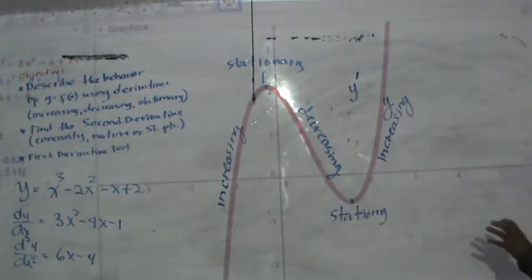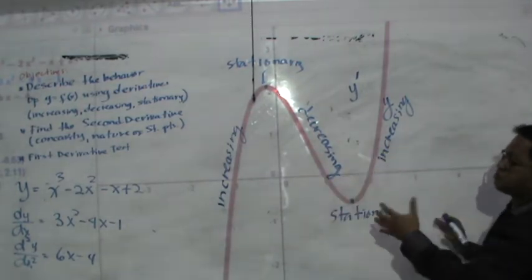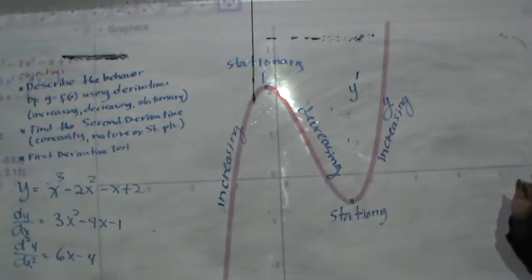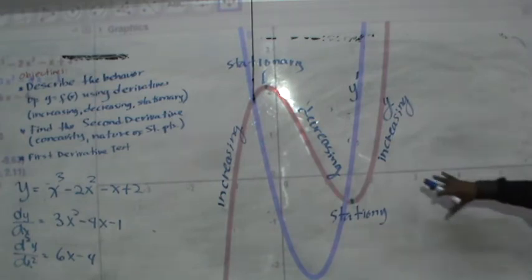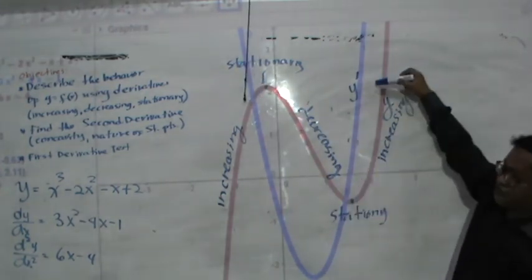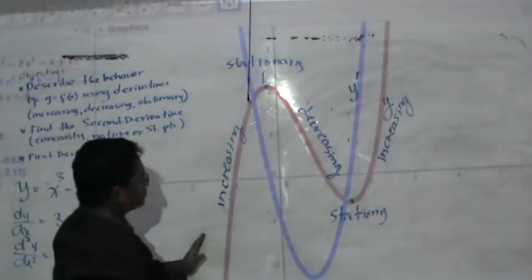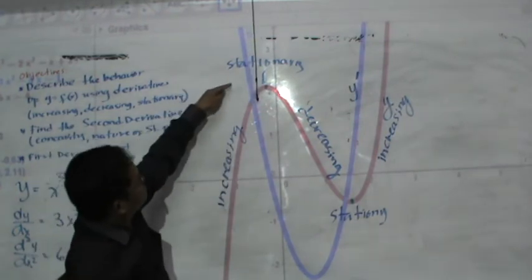Now, let us try to describe this behavior by looking at the graph of the first derivative. When you look at the graph of the first derivative, you will have this one here. You need to look at the blue one. So that's the graph of your first derivative. Now, let us look at this portion here of the first derivative.